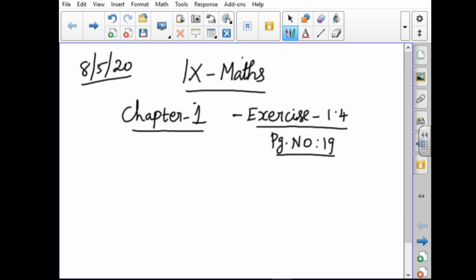Okay. So before we go to the exercise, we should know about some fundamentals, that is, properties of set operations.